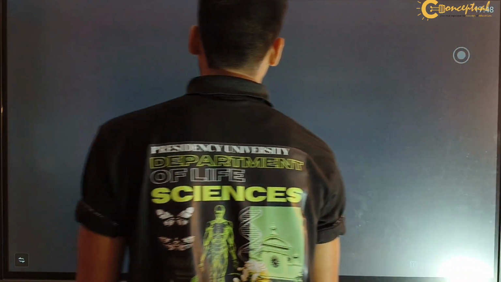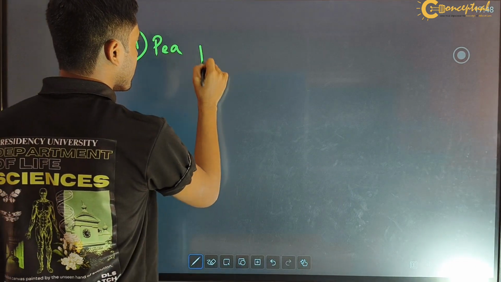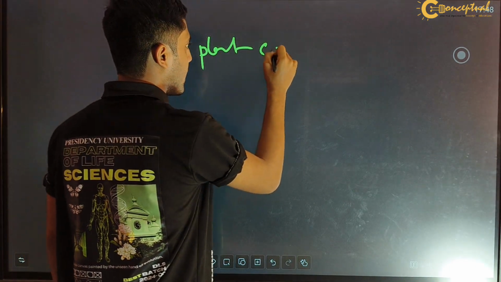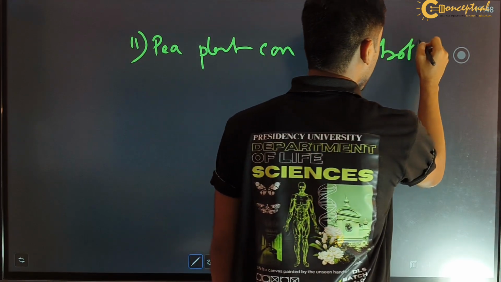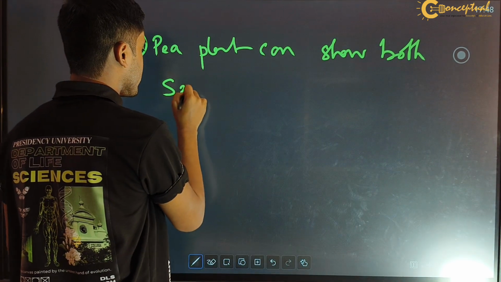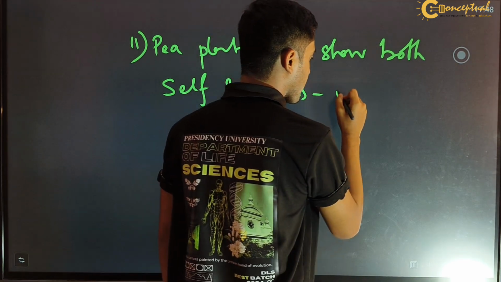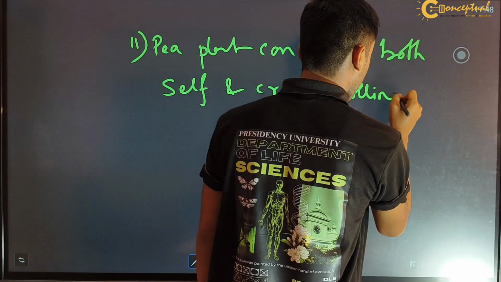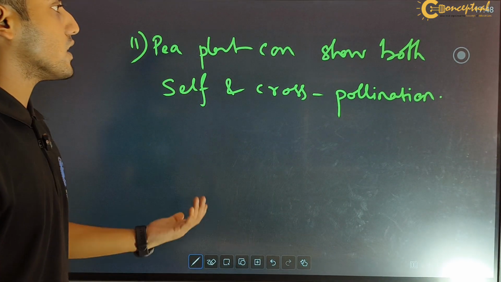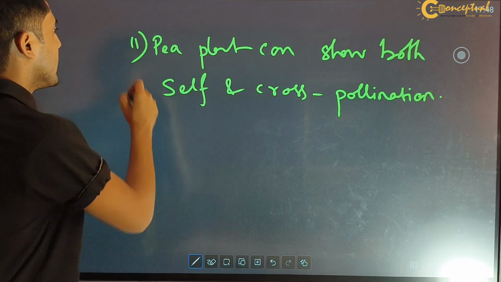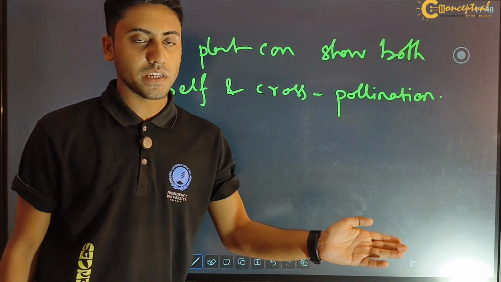Then what were the other benefits? Pea plant can show both self and cross pollination. So this is another benefit, so that it can also survive in different conditions, because it can reproduce using either self pollination or cross pollination.